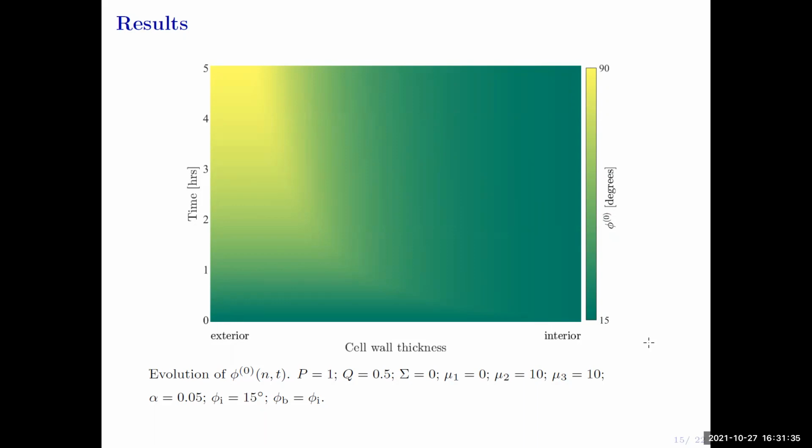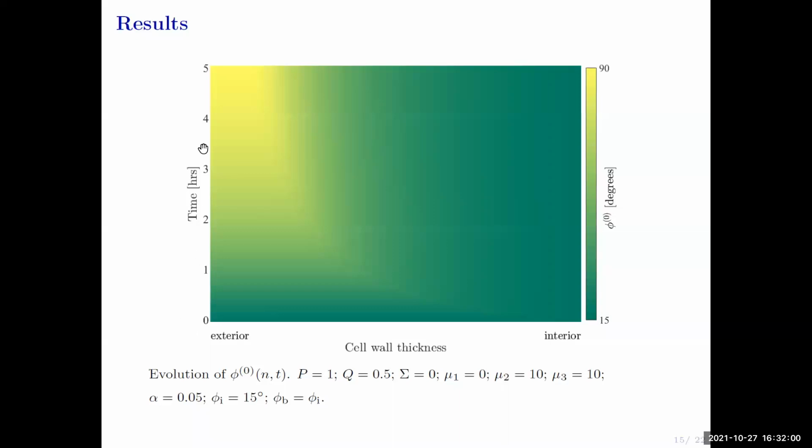And also the boundary condition: remember the fibers are being continually deposited at the inner surface of the cell wall, right? So that's where n equals 1/2. The boundary value is also fixed. So we are imposing phi b, the boundary value, to be exactly the same as the initial value of phi.